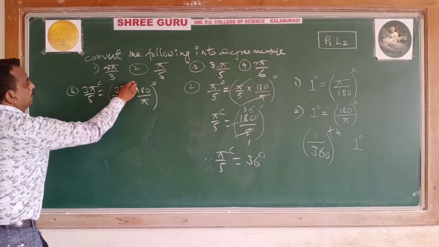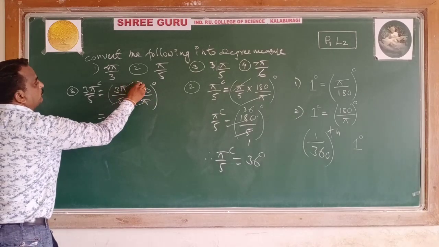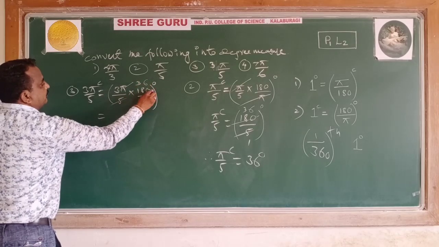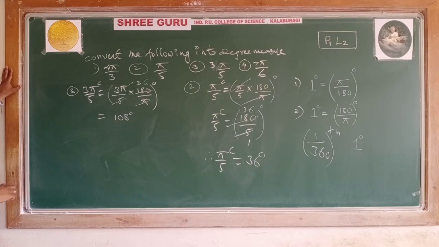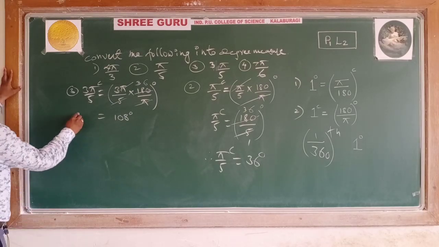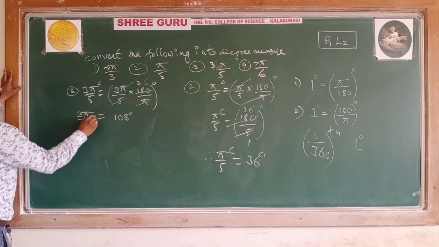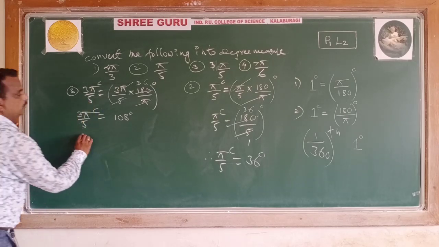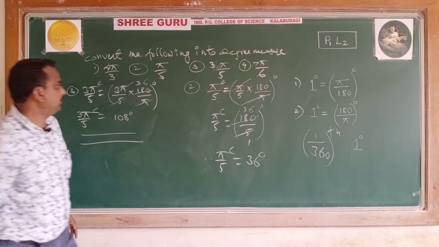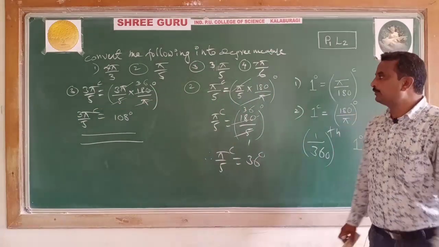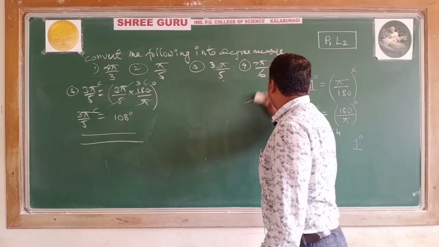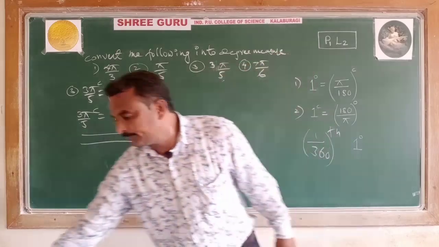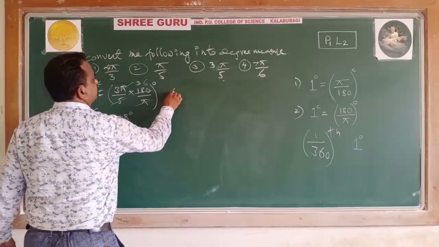Pi and pi get cancelled. 5 3s are 15, 3 remains, 36 it is. 3 into 36, 108 degree. So 3 pi by 5 radian becomes 108 degree. See, students, very simple conversion of degree to radian and radian to degree.